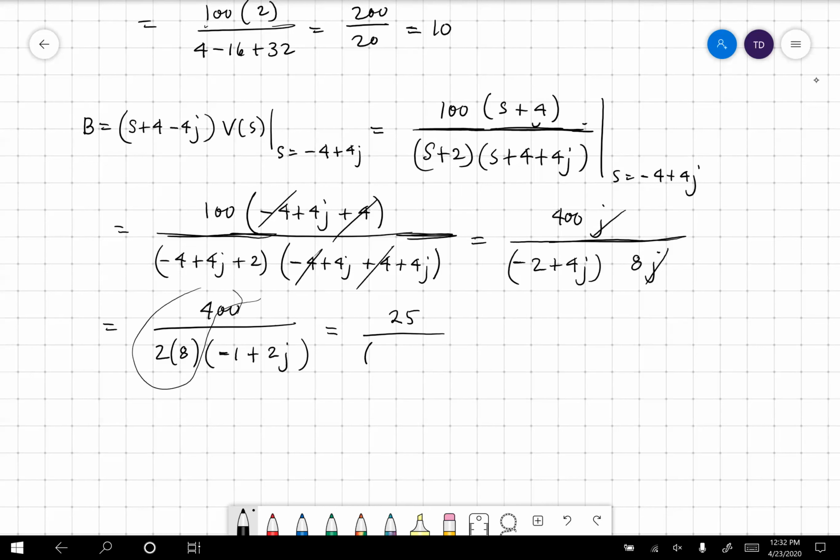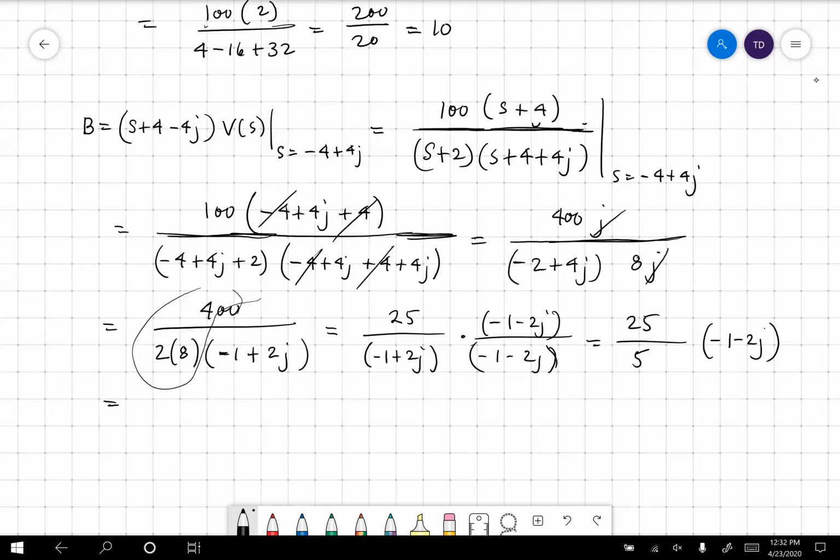So this is 25 divided by minus 1 plus 2j times minus 1 minus 2j. And we know what we get in the denominator. In the denominator, we get minus 1 squared, which is the same as 1 squared, plus 2 squared. 1 squared plus 2 squared is 5. And then we're left with minus 1 minus 2j.